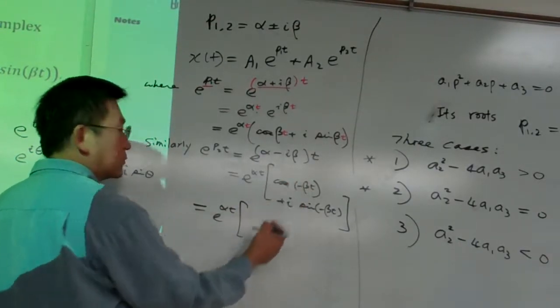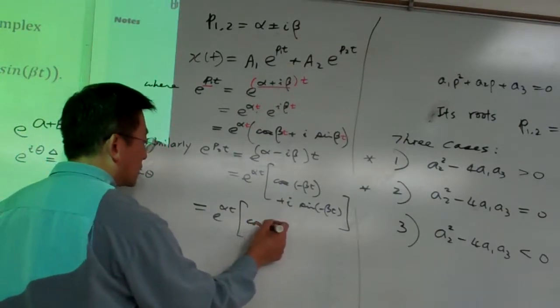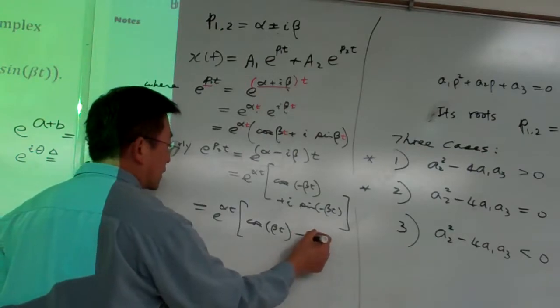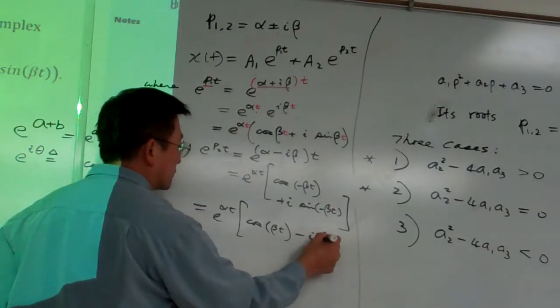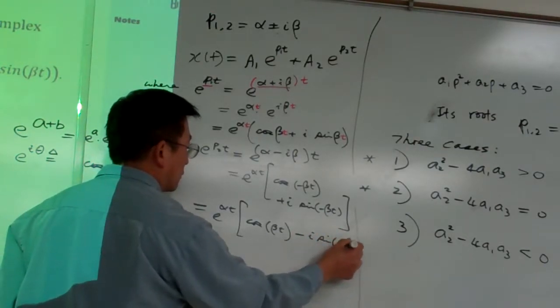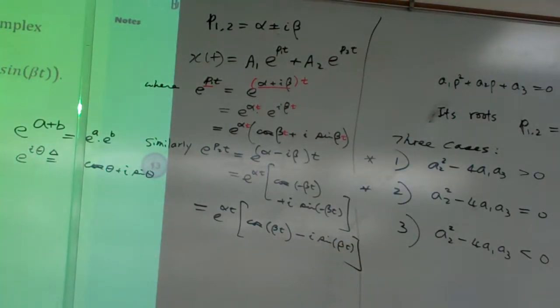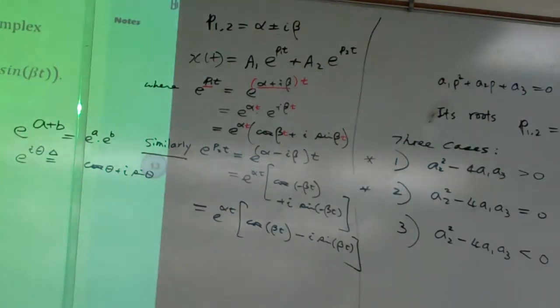Cosine minus beta t is simply cosine beta t, and sine minus beta t becomes minus sine beta t. Okay. Again, this is the derivation process.